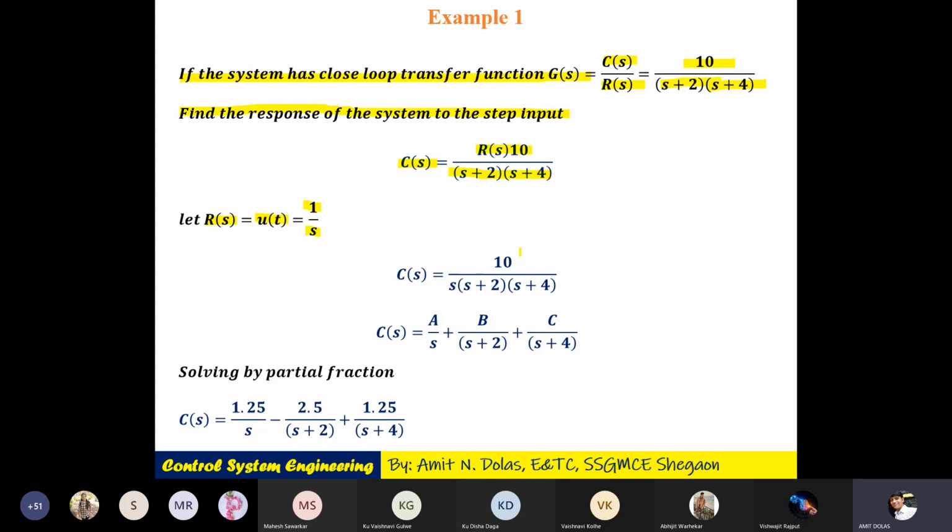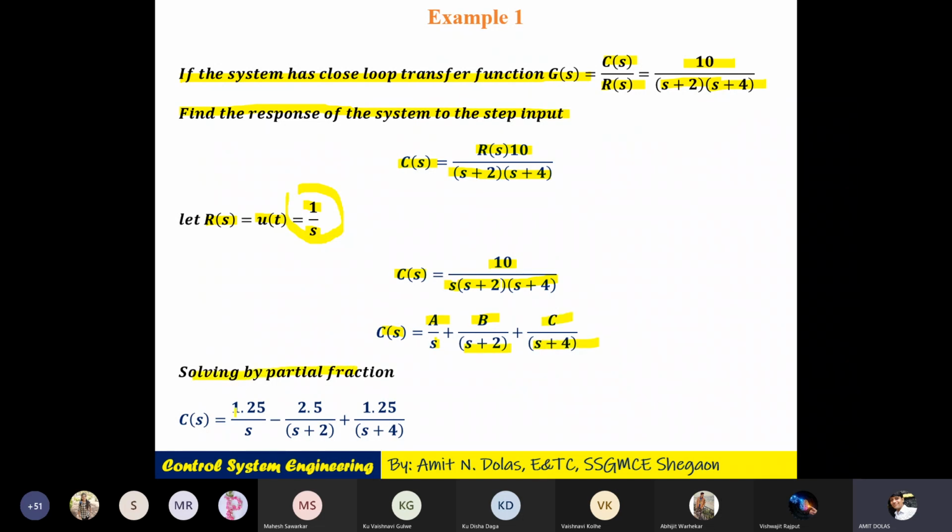So putting that value, the response C of S will be 10 upon S, due to 1 by S, of course, into (S plus 2) into (S plus 4). Three terms are there, so we will solve it by partial fraction: A by S plus B by (S plus 2) plus C by (S plus 4).